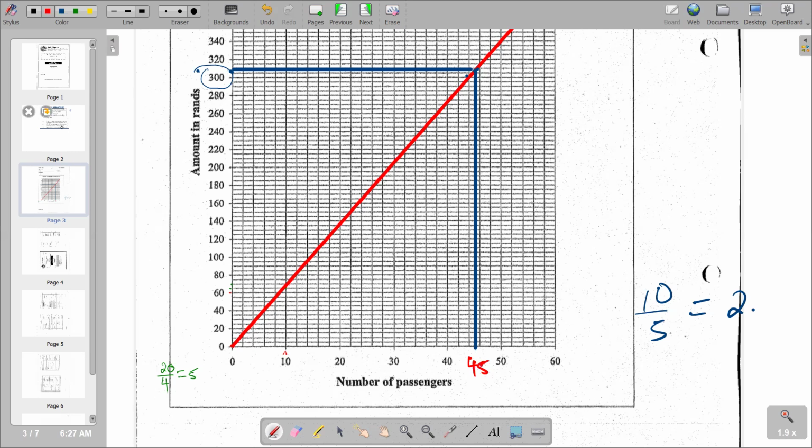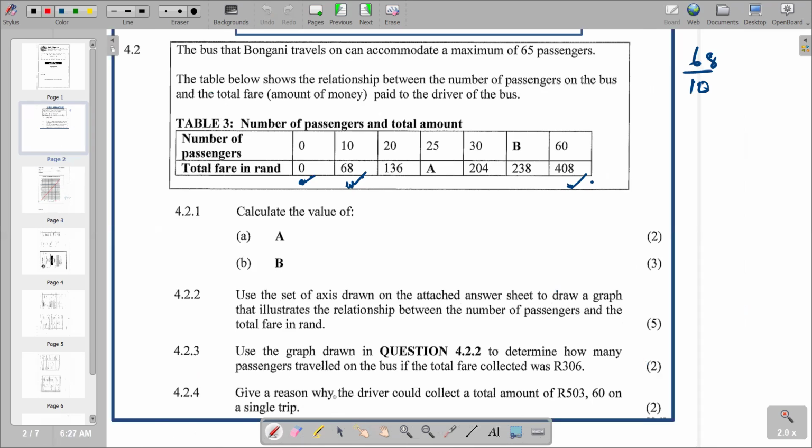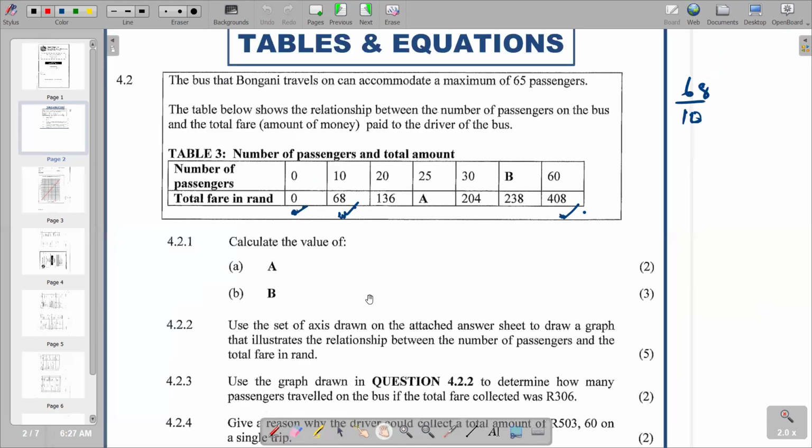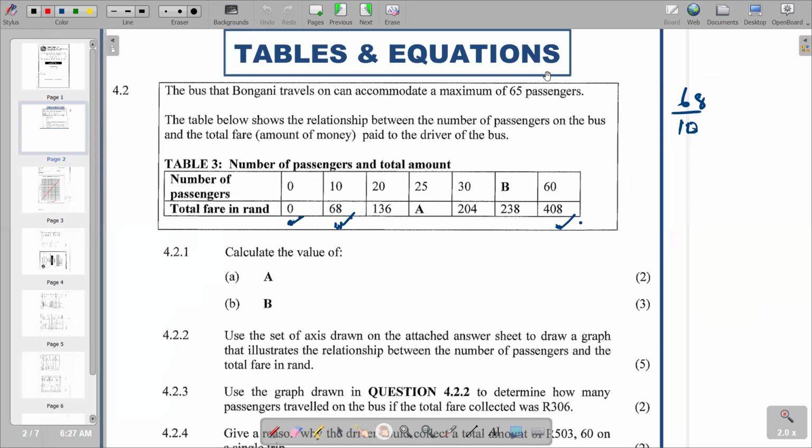So moving on to the next part, we are saying give a reason why the driver could collect a total amount of 503 rands 60 cents on a single trip. The maximum number of passengers that we have is 65 passengers. And we know that as we divided, each passenger's fare is 6.80 rand. So to get the total that can be got on a trip, you're going to say 65 times 6.80 rand.